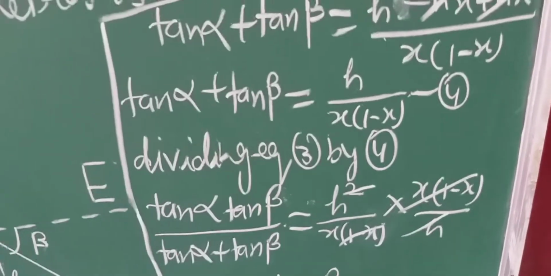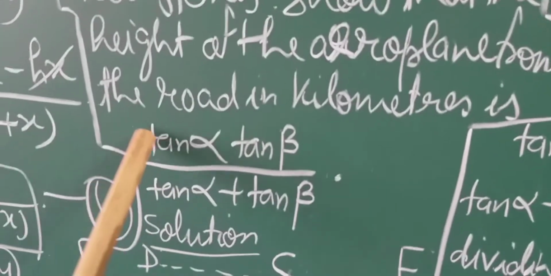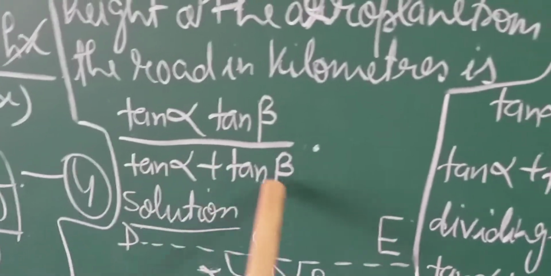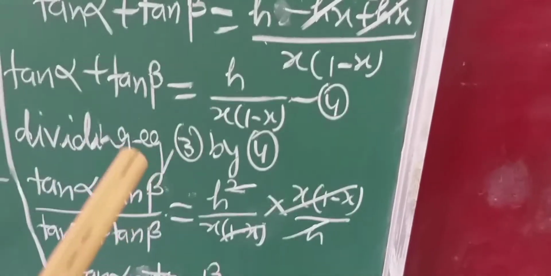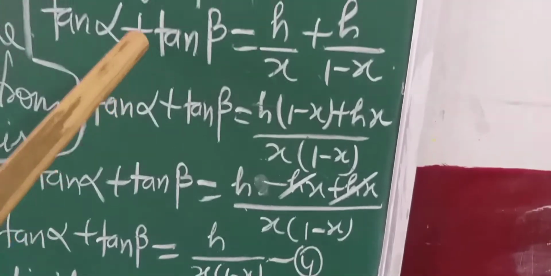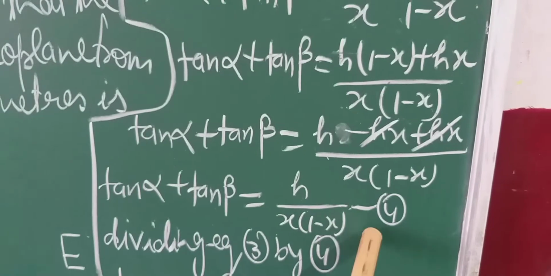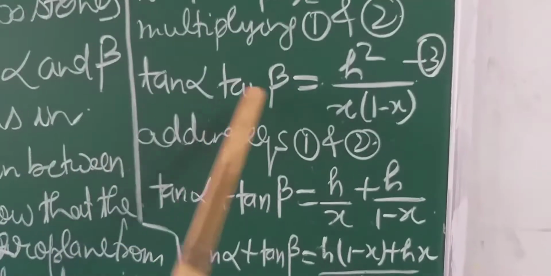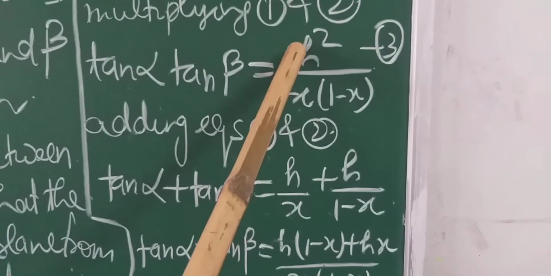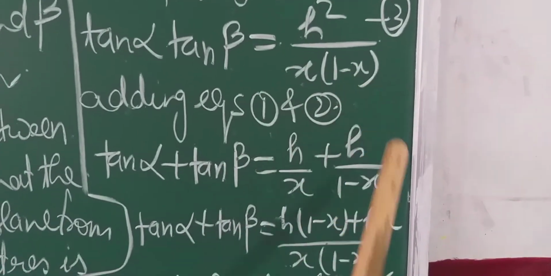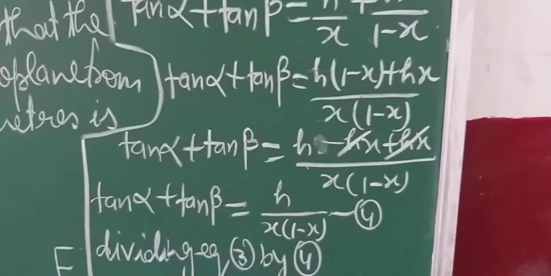Now students, let us divide. We need tan alpha tan beta upon tan alpha plus tan beta. That's why we are going to divide equation number 3 by equation number 4. So tan alpha tan beta upon tan alpha plus tan beta equals to h square upon x bracket 1 minus x upon h upon x bracket 1 minus x.